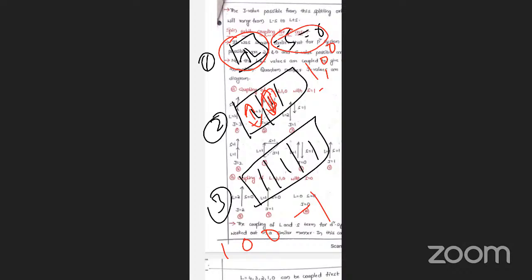Two electrons in the same orbit, always S equal to 0. Three electrons are present in three different orbits. What about the total spin angular momentum? These are the probabilities of the electrons. Three electrons clockwise: in that condition 3/2.